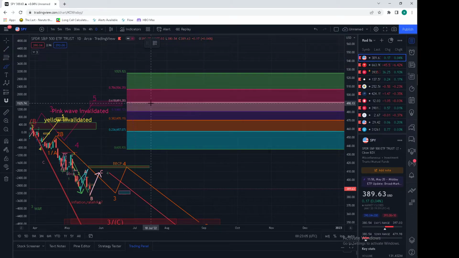If we break through this 618, that's the golden pocket. If you're going up like this, most likely you're either going to get a strong rejection down, or you're going to get a massive push up. That's why that area between the 618 and the 786 is so big. You have a nice move to the top if you can break through that level.